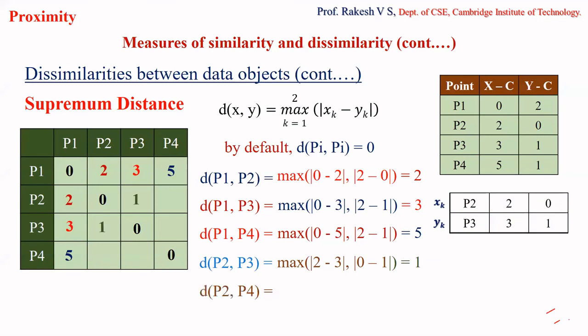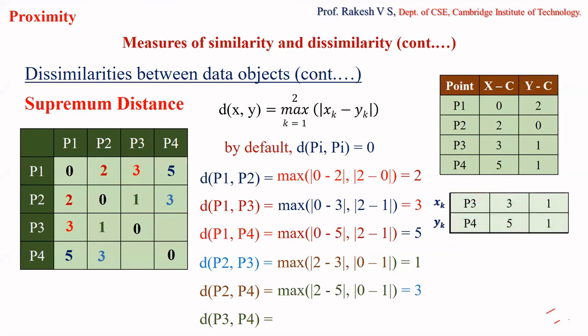Okay. Then I'm going to find the distance between P2 and P4. So here P2, P4 values are 2, 0 and 5, 1. Maximum of 2 minus 5, 0 minus 1, which is 3 comma 1. So maximum is 3. I'm going to tabulate 3. And then lastly, I have distance between P3 and P4.